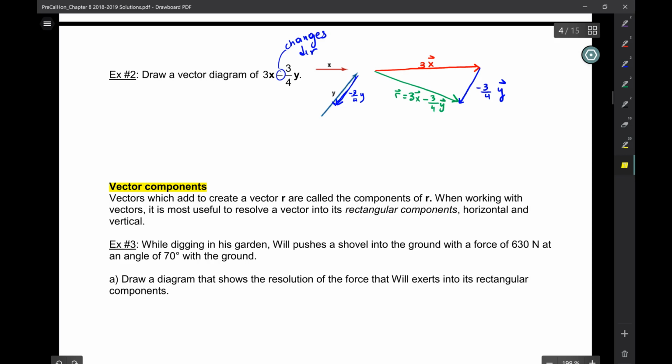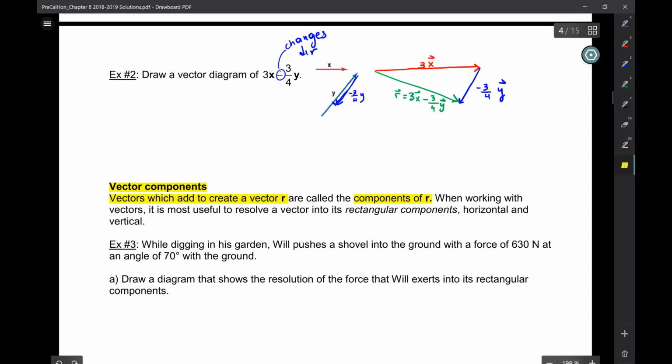Vectors which add to create an R are called the components of R. When working with vectors, we always want to break them down into the components from which it came.